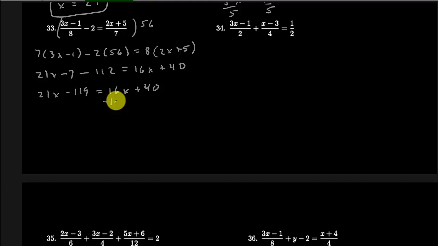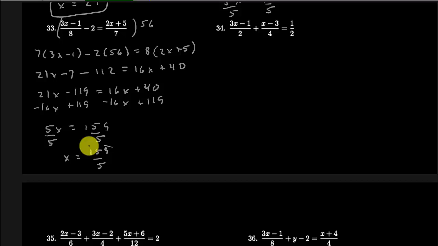So let's subtract 16x from both sides, and let's add 119 to both sides. And so that's going to give me what? 5x is equal to, what is that? That 159. And so divide both sides by 5. So I get x is equal to 159 over 5.